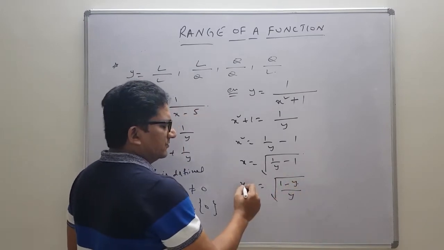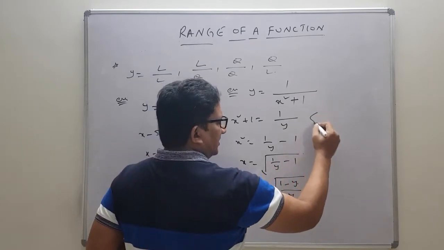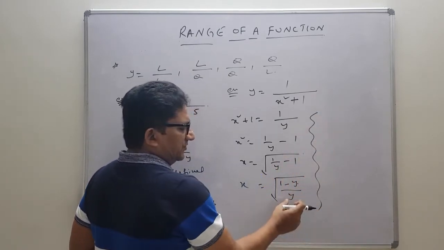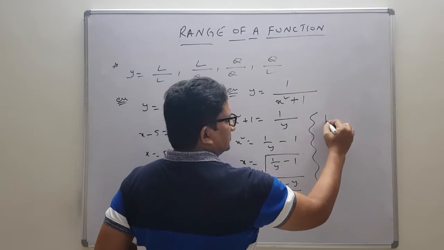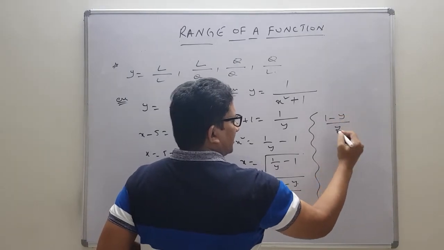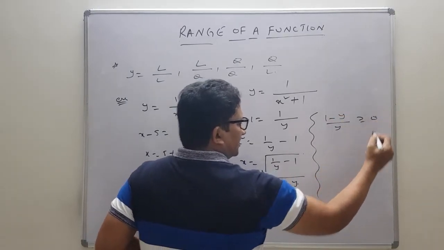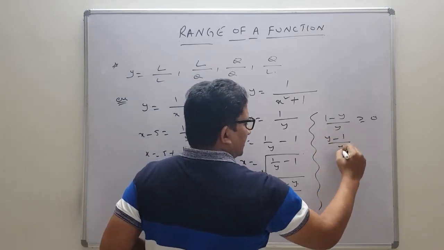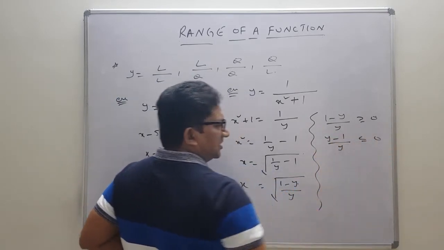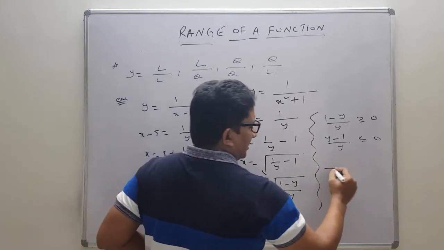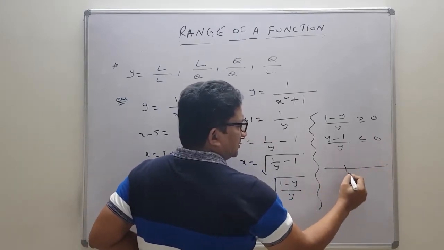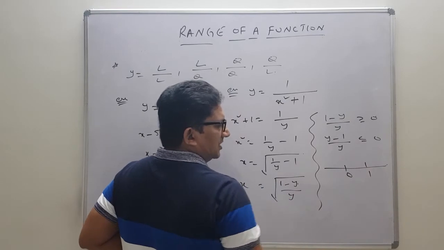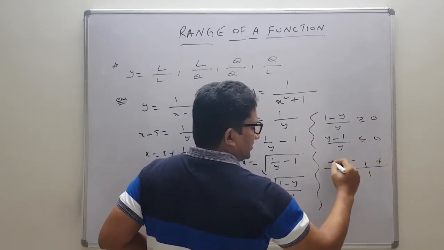It is a square root function now. We know the basics of square root function. Now we need to maintain this one as positive. 1 minus y by y should be greater than or equal to 0. So that means y minus 1 by y is less than or equal to 0. I will take a number line here. The smallest root is 0 and the next root is 1. And here we have plus, minus, plus.